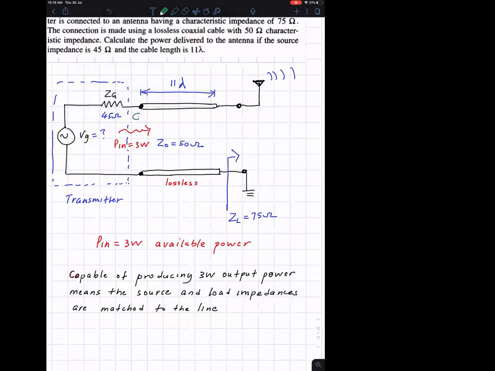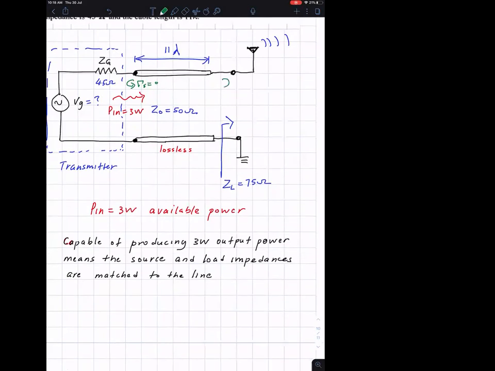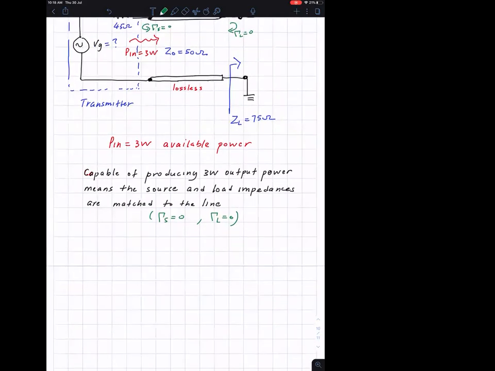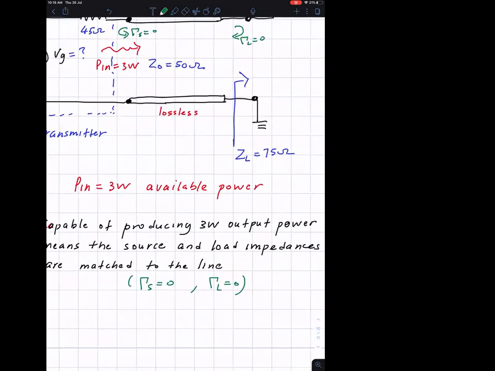That means reflection at the source is 0 and the reflection at the load is also 0. Capable of producing means without any reflection.